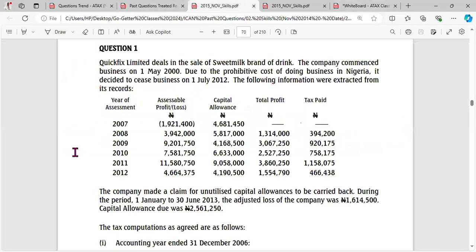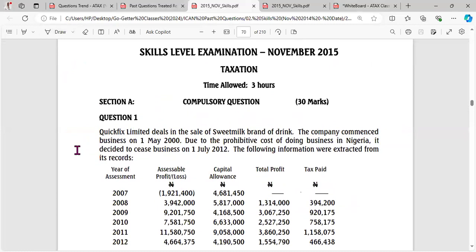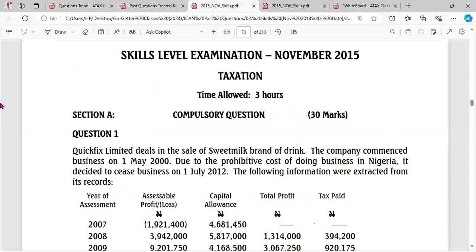We now go to question number 1. This is a skills level November 2015 tax question. You are a professional, and this is a skills question because these questions cannot be found in professional level. Most times, it is skills level that you get to do most of these things.